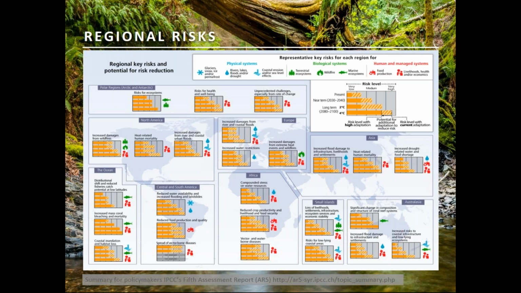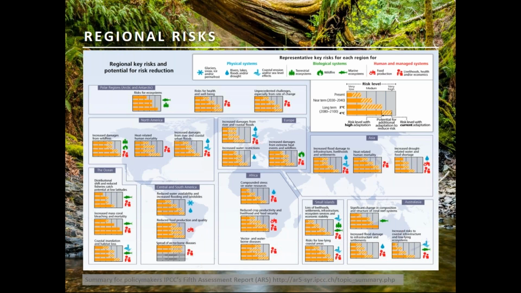There are also observed and expected impacts of climate change, not only to ecosystems, but also to, let's say, human and managed systems, and obviously the physical systems of the planet. And this graph shows you all around the planet different risks and obviously the potential risk reductions that you can work on.